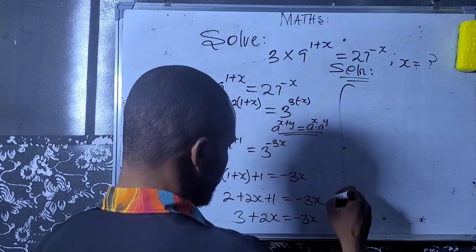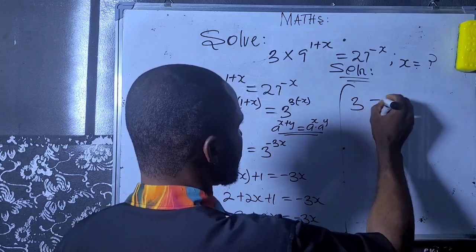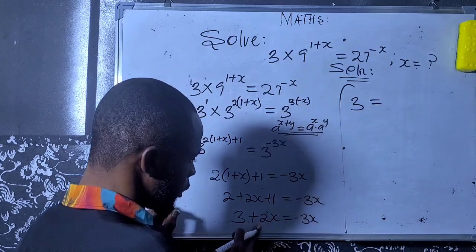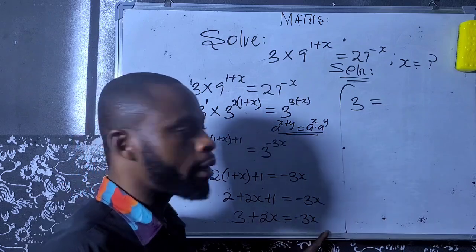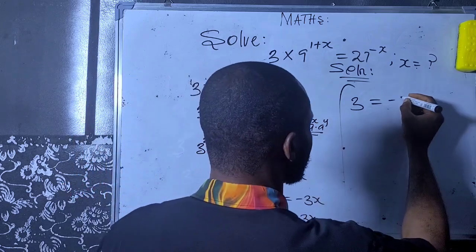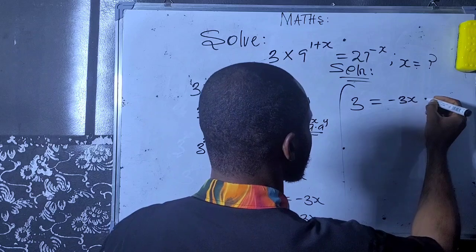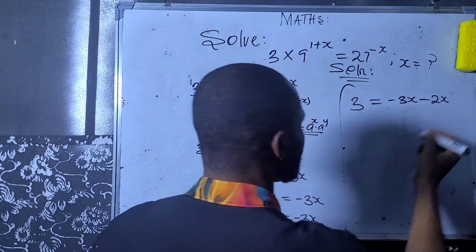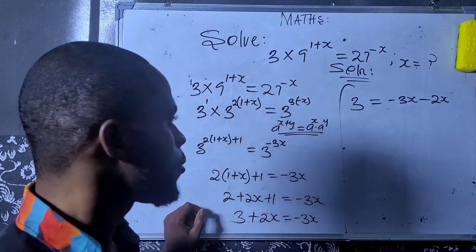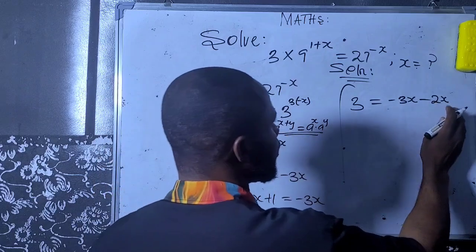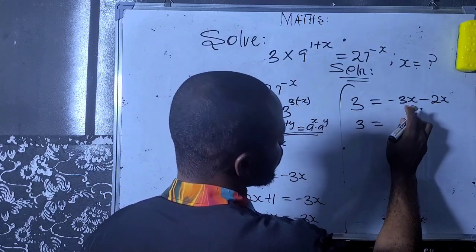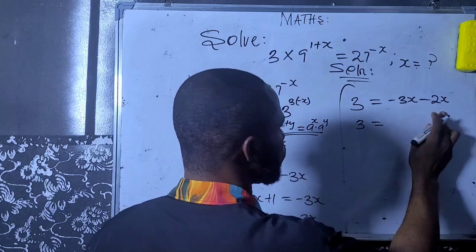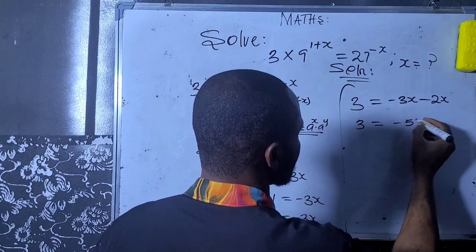The equation becomes 3 equals negative 3x, and we move the plus 2x to the right-hand side, so it becomes minus 2x. If we simplify, 3 equals minus 3x minus 2x, that will give us minus 5x.